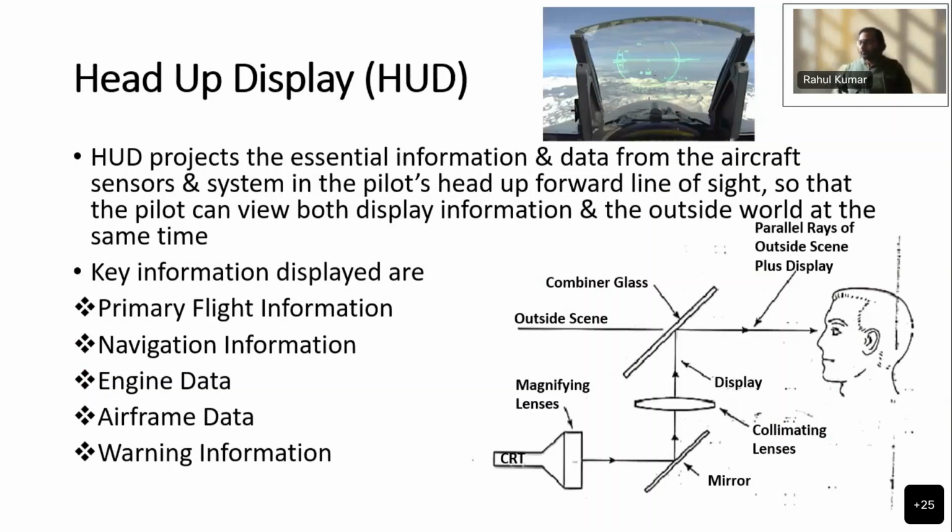The head-up display is used to project the key information in front of the pilot, in the line of sight of the pilot, so that the pilot does not have to look down for information, or find the information from the different displays which are there in the cockpit.